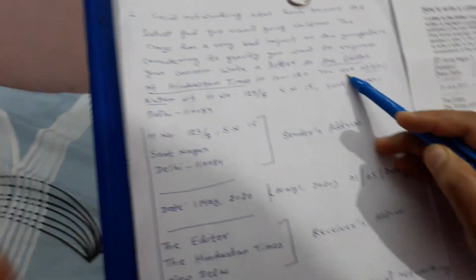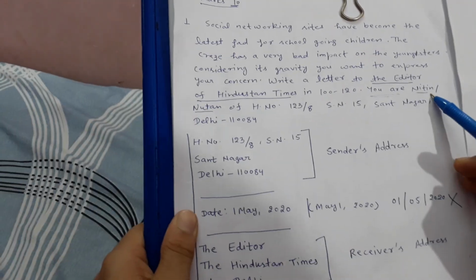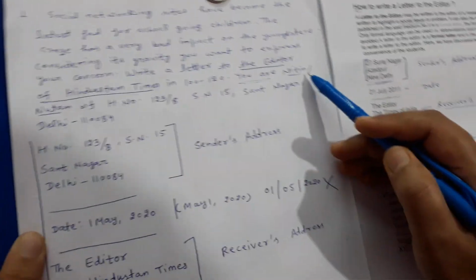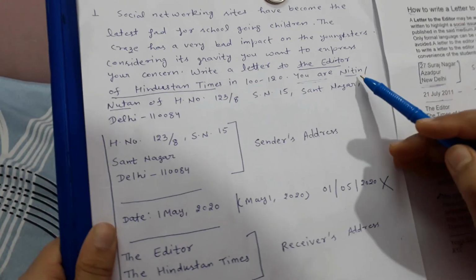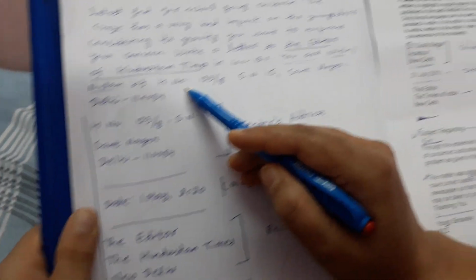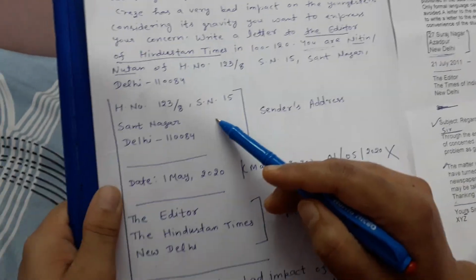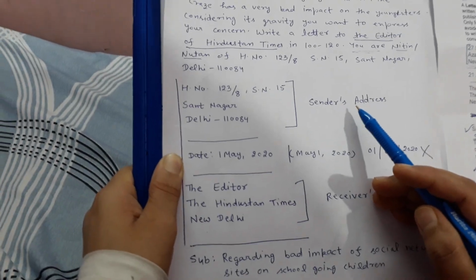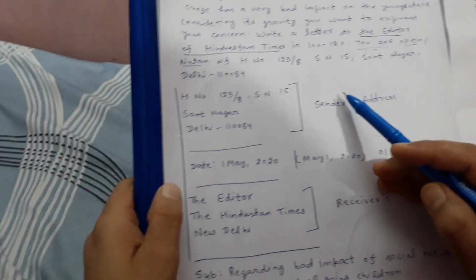And your address is "You are". After that, after "You are", the address is the address of the sender. So here the sender is Nitin Nutan of house number. So in the starting of the letter, we have to write down the sender's address. So you can easily recognize who is the sender.